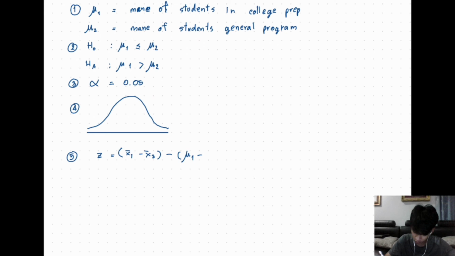over the square root of the population standard deviation squared over n1 plus sigma 2 squared over n2.